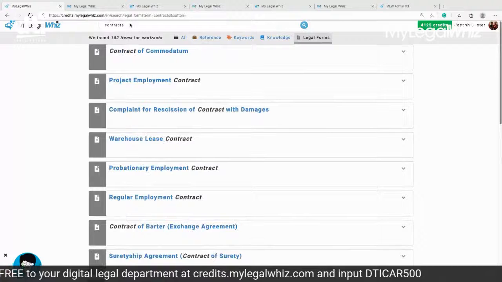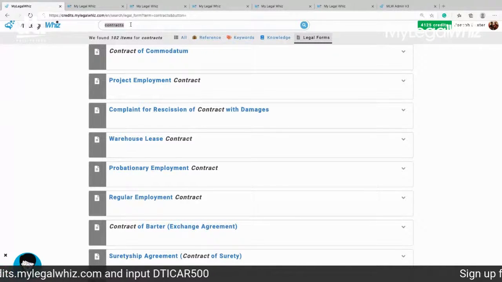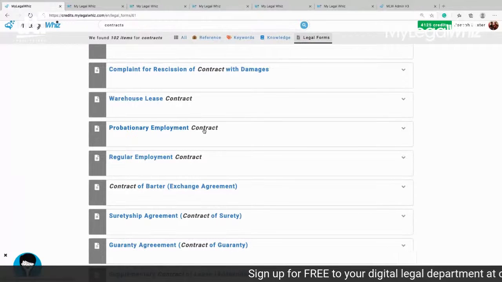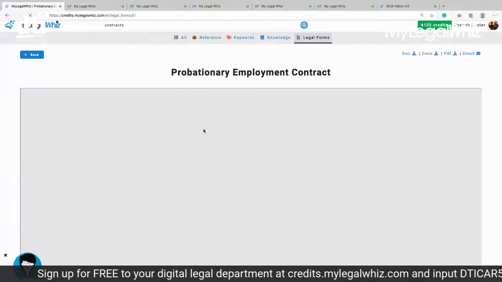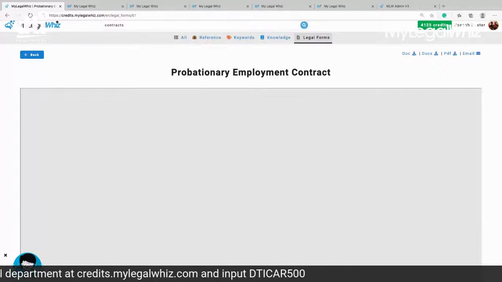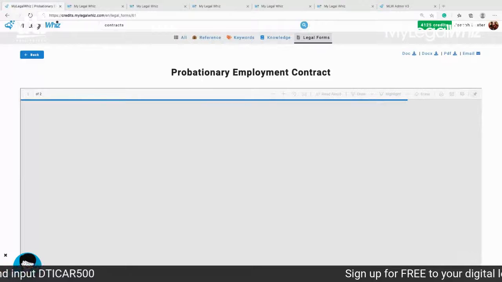I've had experience in the past where I've used contracts from Google and only to find out that it was a contract for the United States or for London or for some other area where there were some provisions that were not applicable in the Philippines. So I had to basically, I mean, it caused some problems here and there.